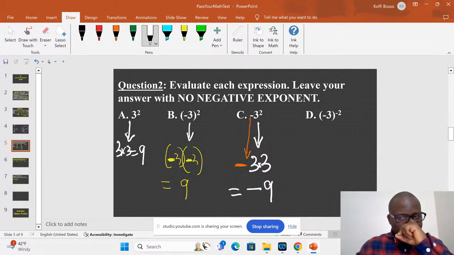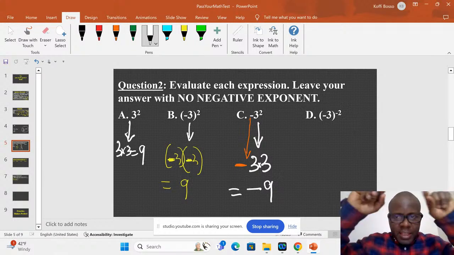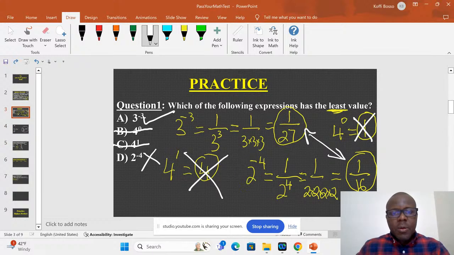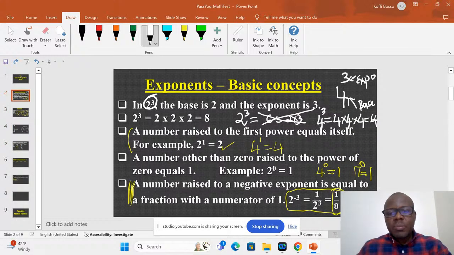Okay, let's see here. In this case, D, we have negative 3 again in parentheses. But look, the power is negative. D looks like B, but the difference is that we have a negative exponent for D. Therefore, the first thing to do is to rewrite D as a fraction. Remember, we rewrite as a fraction when the exponent is negative.